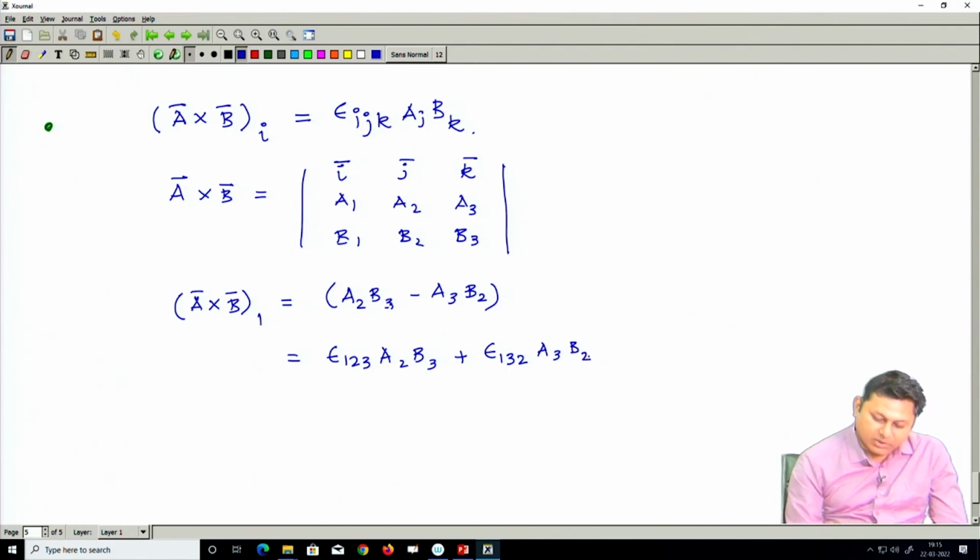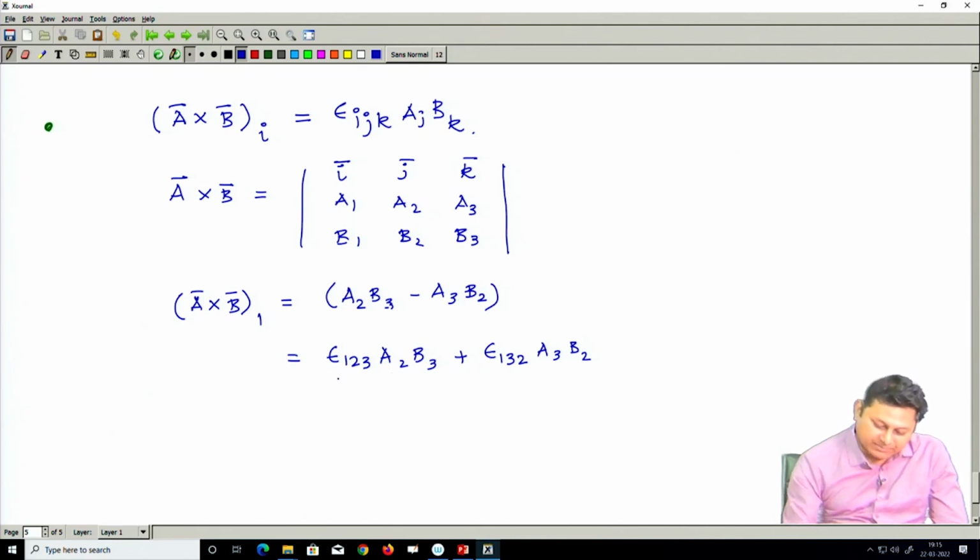Why is that? Because according to the notation epsilon i j k, j can take 1, 2, 3 and k can take 1, 2, 3, but if j and k are the same, then epsilon is 0. So all these values should be 0 when j and k are the same. Apart from that, which distinct values should it take? i is 1 here, so the distinct values are j is 2 with k is 3, and j is 3 with k is 2. These two combinations we take and we get this result.